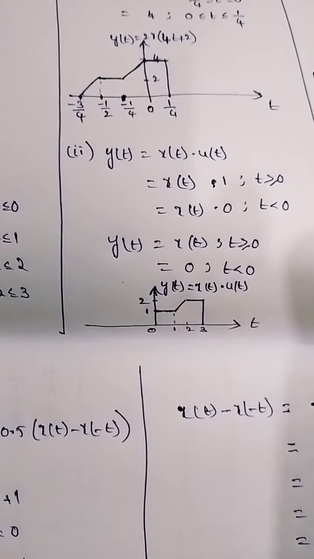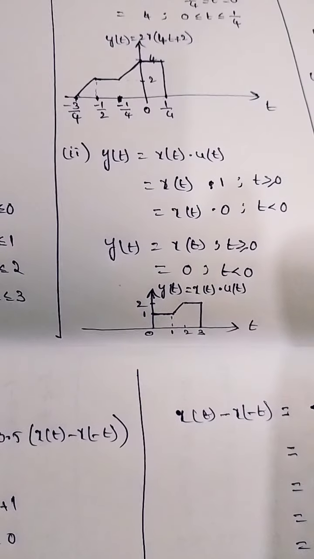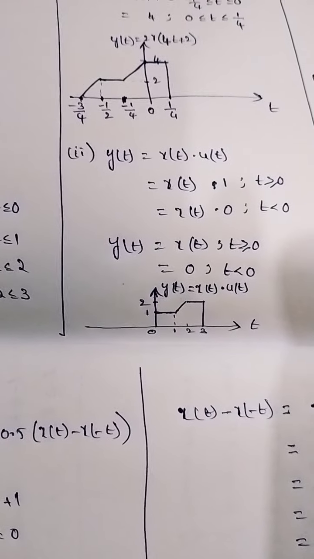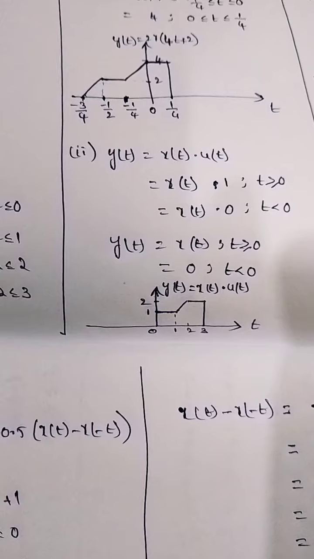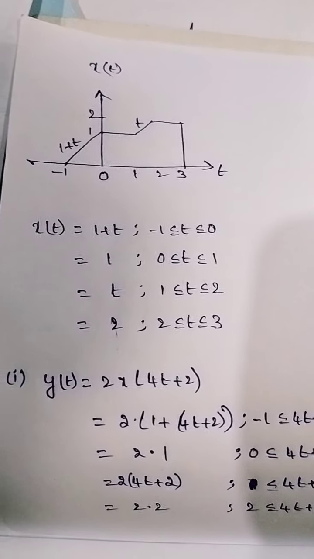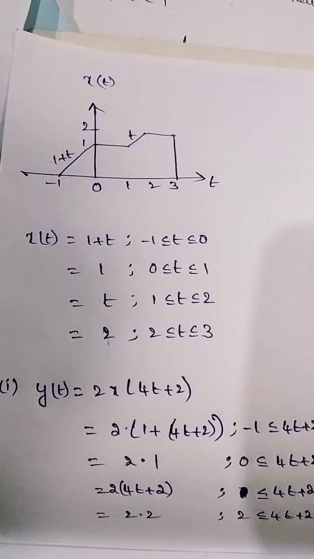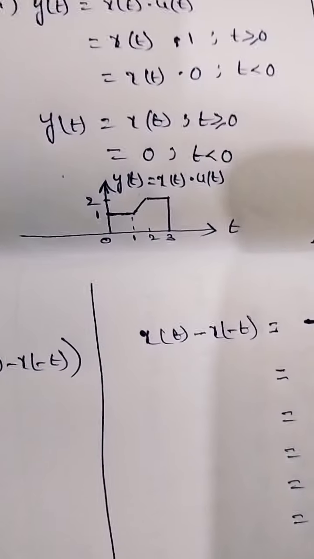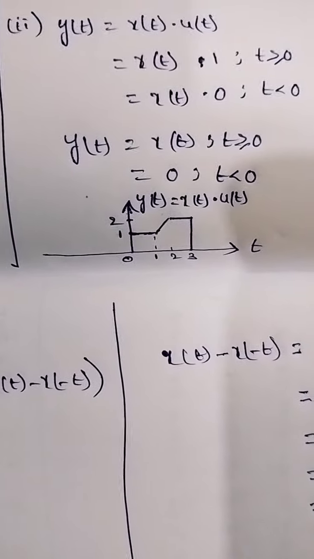That means y of t is x of t when t is greater than or equal to 0, otherwise it is 0. So from the given sketch of x of t, consider only the 0 to 3 values, and from -1 to 0, y of t becomes 0. So you can get the sketch graph like this.